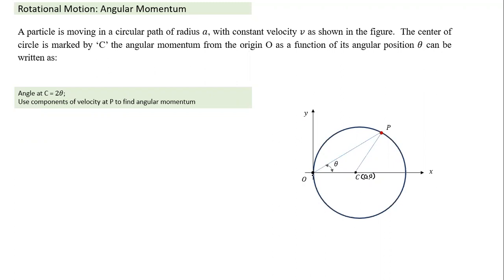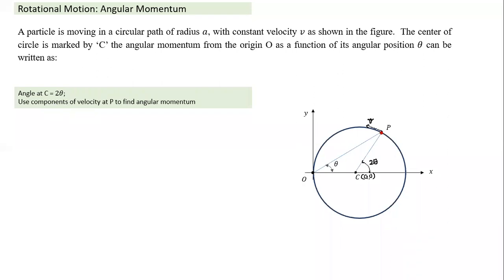What is the angular momentum when the particle is at this particular position? The angular position of the particle is theta. At this particular instant, it is moving in a circular path, so velocity v will be perpendicular to the CP line. If this angle is theta, this angle will be equal to 2 theta.